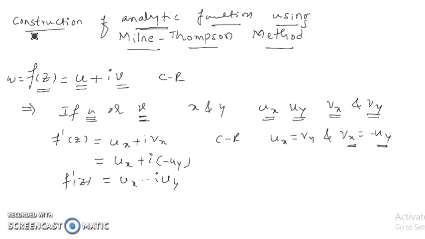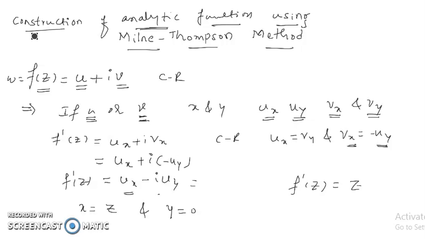Once after getting this, we substitute the u x and u y we found from the given function. Then the Milne-Thomson method says, wherever x is there, we substitute z, and wherever y is there, we substitute 0, and then rearrange the terms. We are going to get f dash of z purely in terms of z.